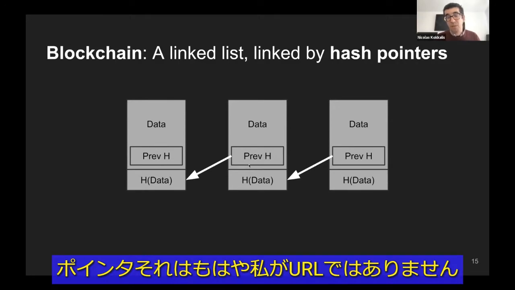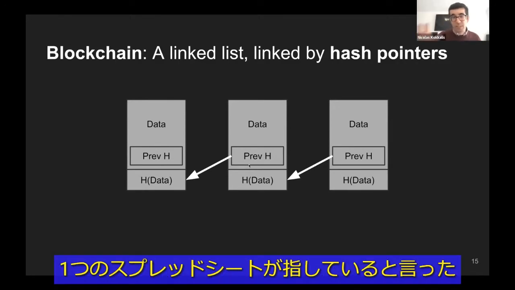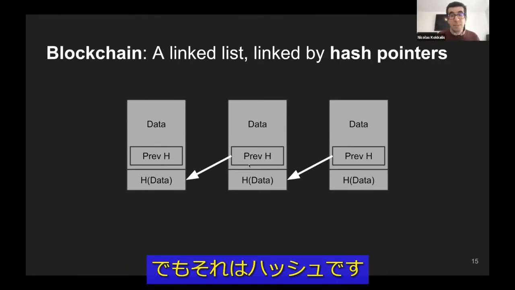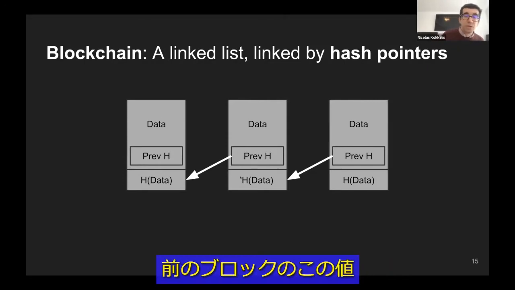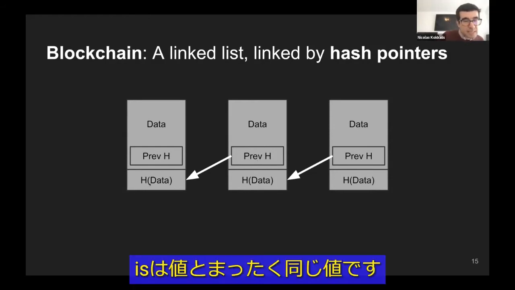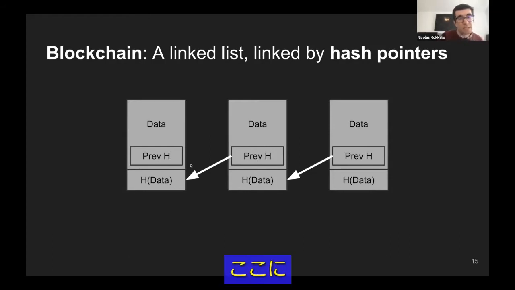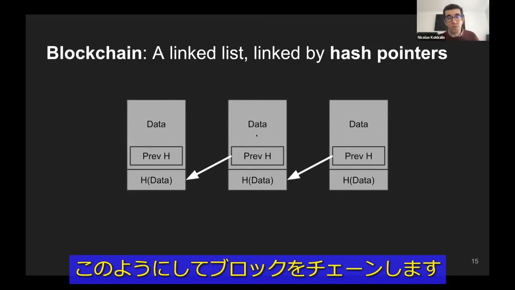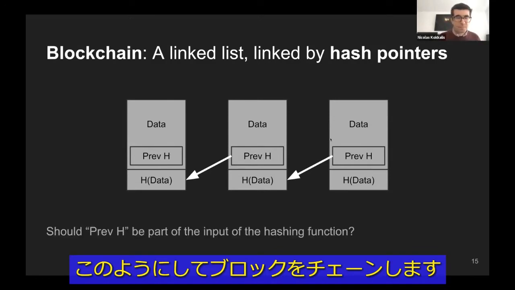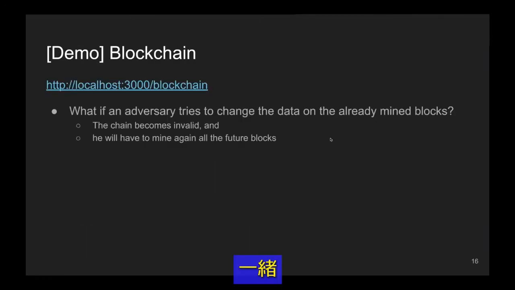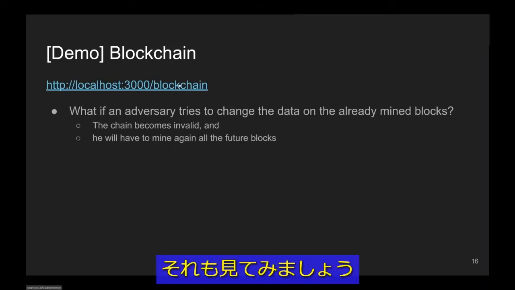It's not anymore a URL, like I told you one spreadsheet is pointing to the URL of another spreadsheet, but it is the hash of the previous block. So this value right here is the exact same value as the value right here. This way you chain the blocks together. So let's look at that as well.